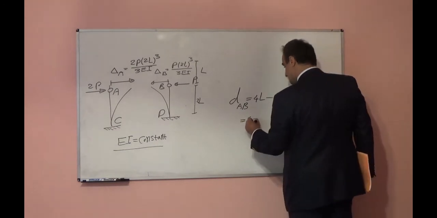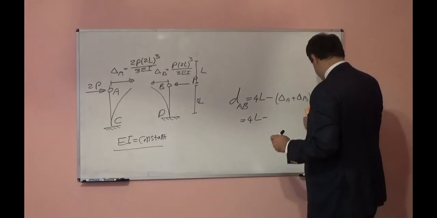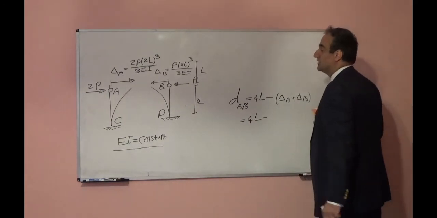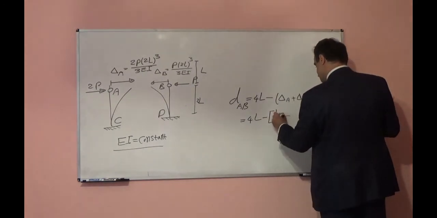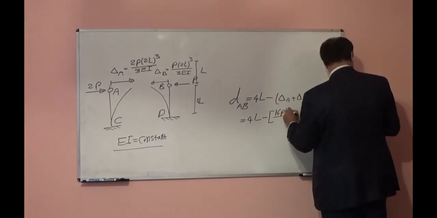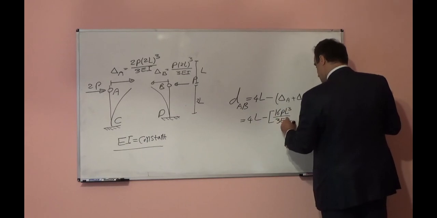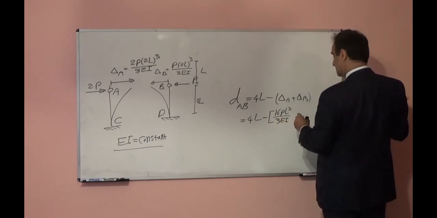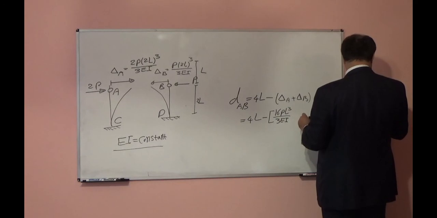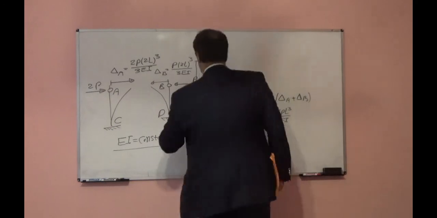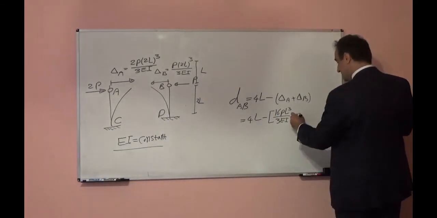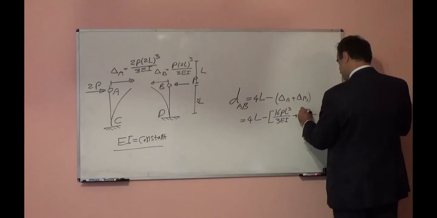That will be equal to 4L minus 16 PL cubed over 3EI, plus 8 PL cubed over 3EI.